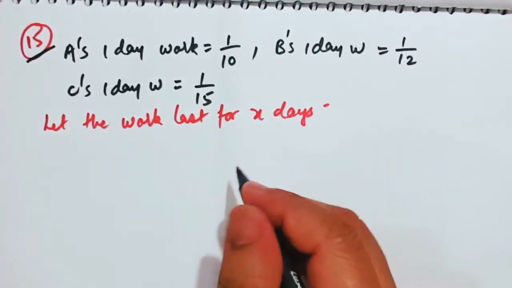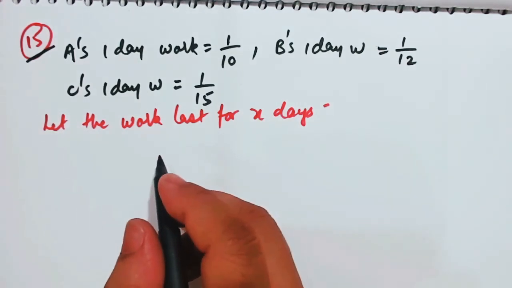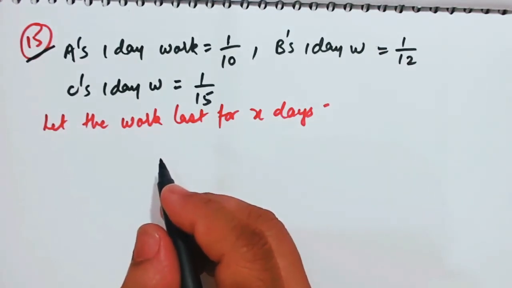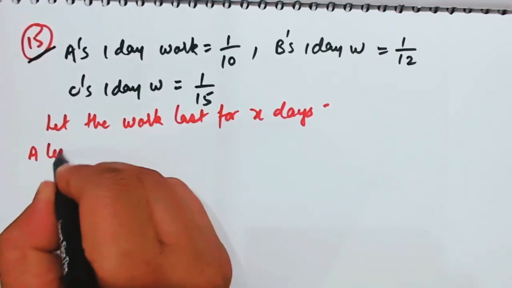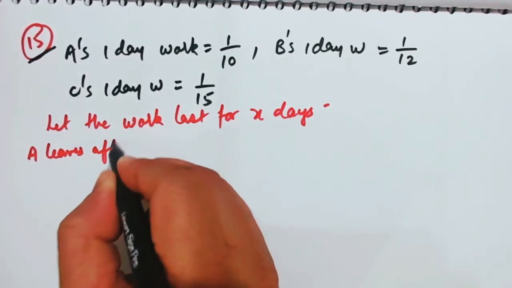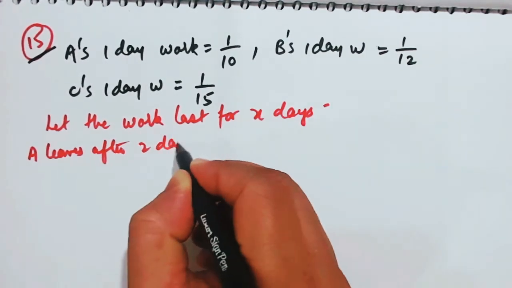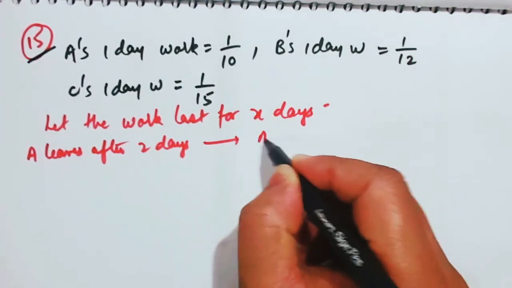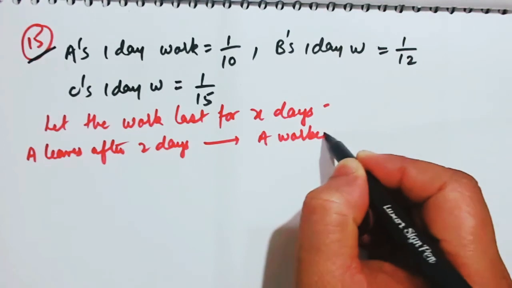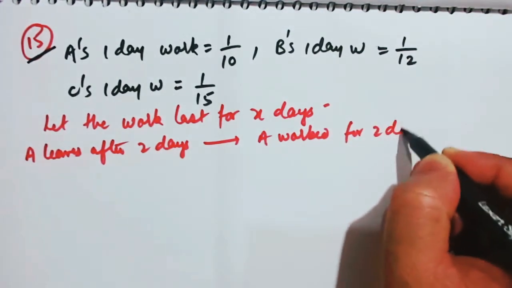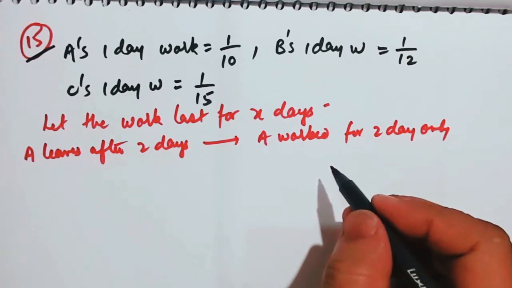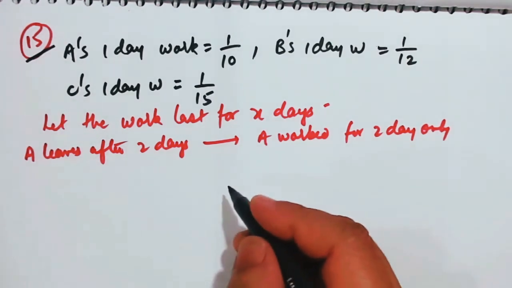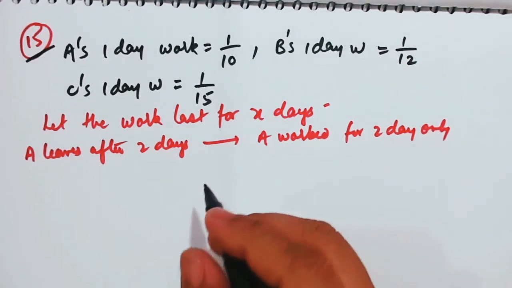Now what are they saying? That all begin together, but A leaves the work after 2 days. So when A leaves after 2 days, this means that A worked for 2 days only. Clear? And B leaves the work before 3 days.